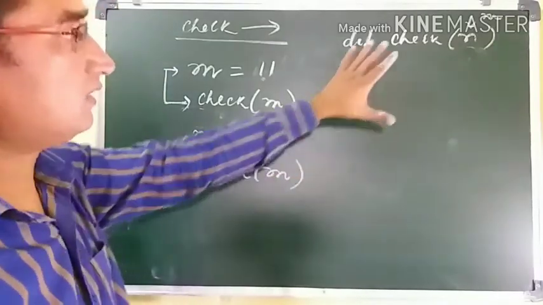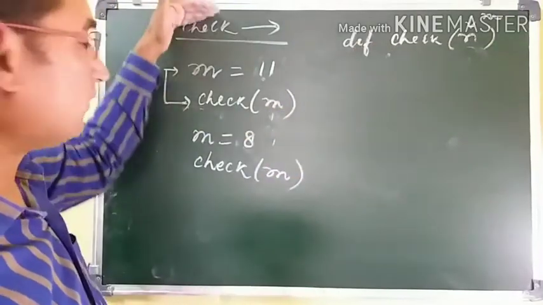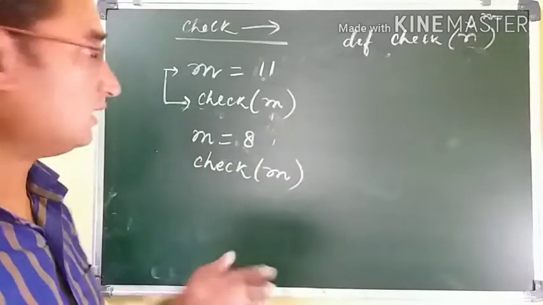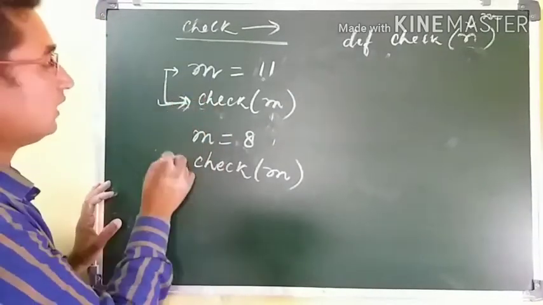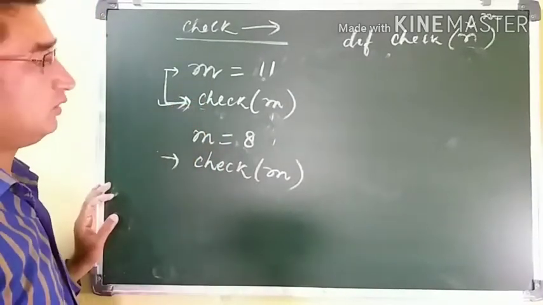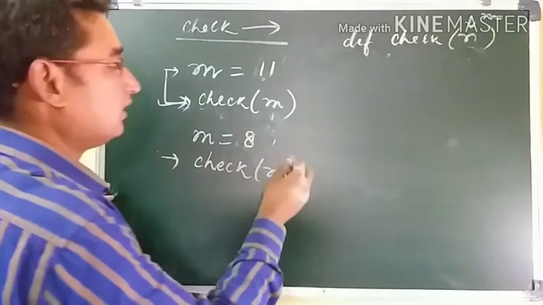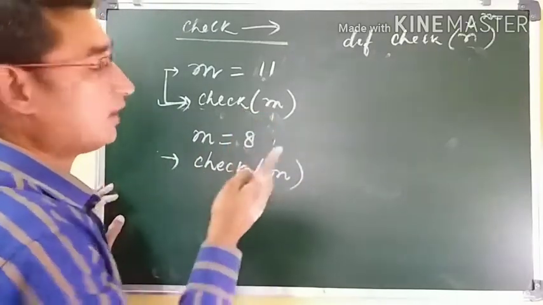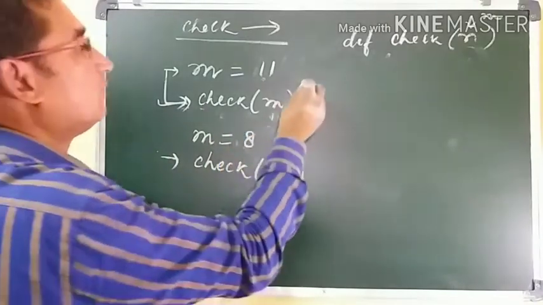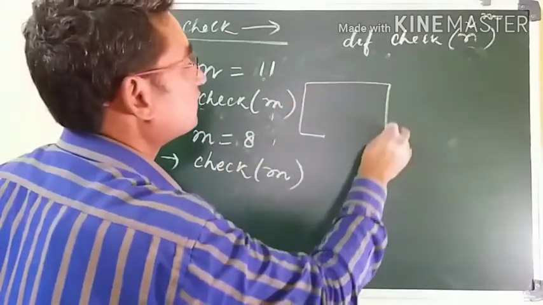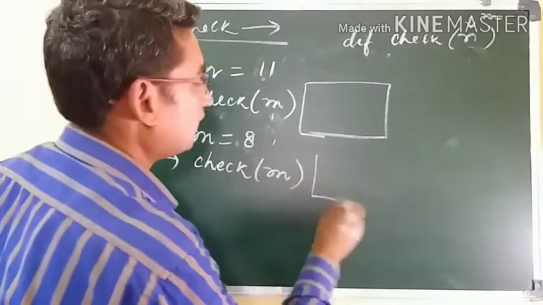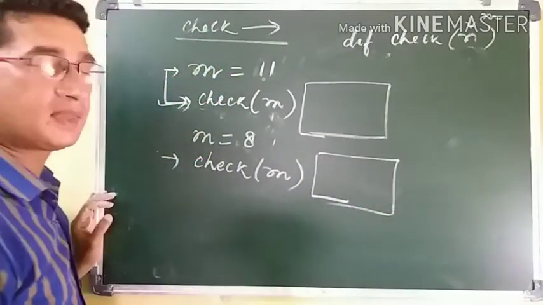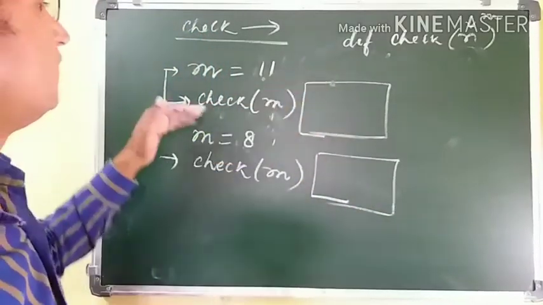Once you have written that function, that function you can call again and again. You don't have to write the same code here and the same code here each and every time. If you have not written that function, then you have to write the code here and the same code here. In this way you are saving space.